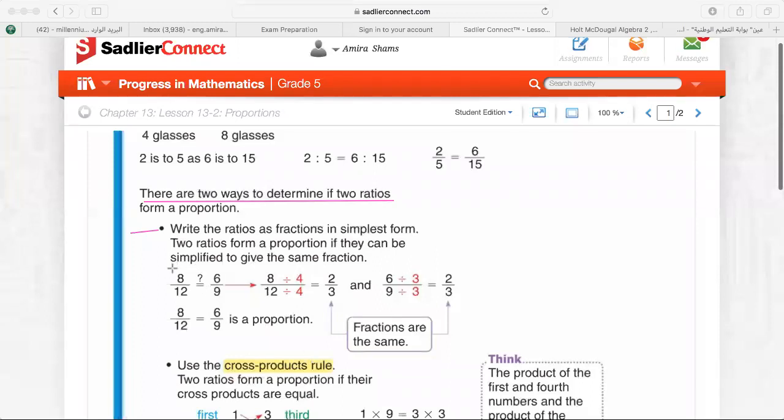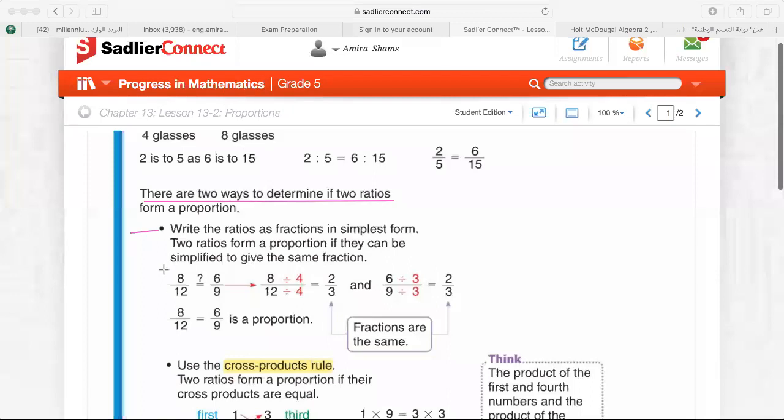What is this? 8 over 12 is equal to 6 over 9. How will I know that they are proportional?